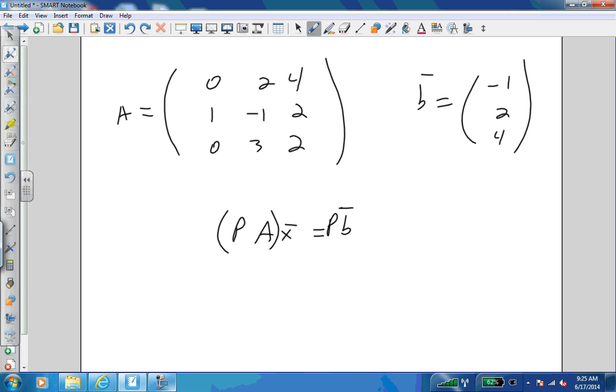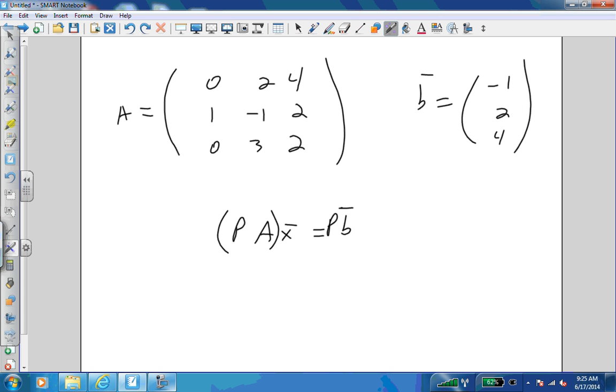If you think about what's going on here, if we have a system of equations, this row goes with that number, this row goes with that number, this row goes with that number. So if we swap rows 1 and 2, then we also have to swap rows 1 and 2 on the right side so that we keep the correct pieces of the equations together.